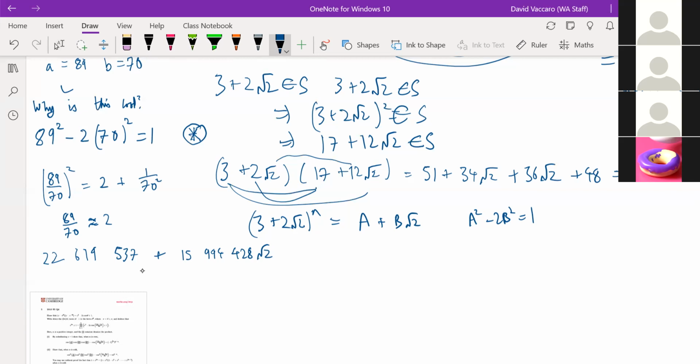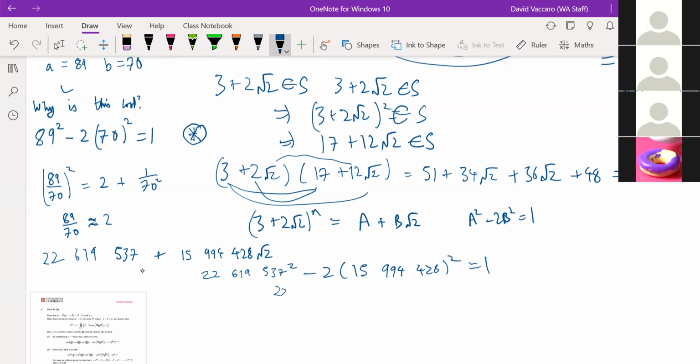Now we know that that's going to be a solution of Pell's equation, so we know that 22,619,537 squared, take away 2 times 15,994,428 squared is equal to 1.